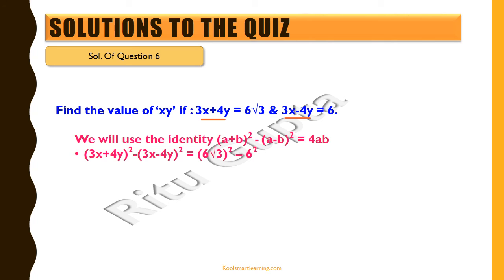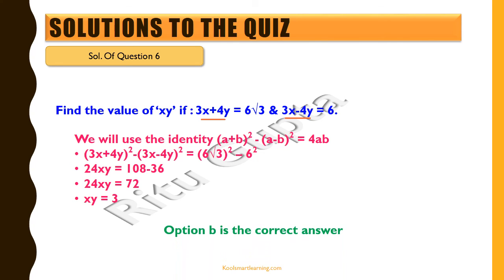Now on the left hand side, this becomes 4 into 3x into 4y, which is 24xy, and on the right hand side it becomes 108 minus 36. So 24xy is equal to 72, and xy becomes equal to 3, and that is what we needed to calculate. So option B is the correct answer here.